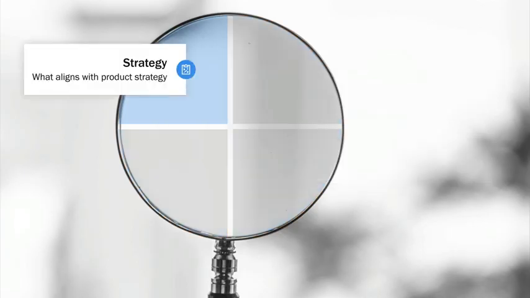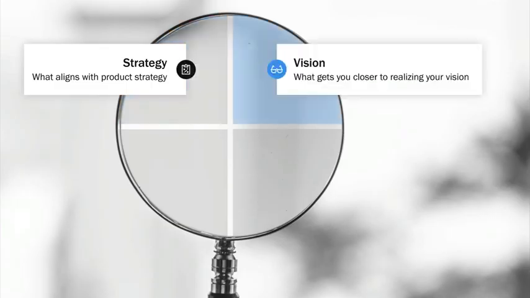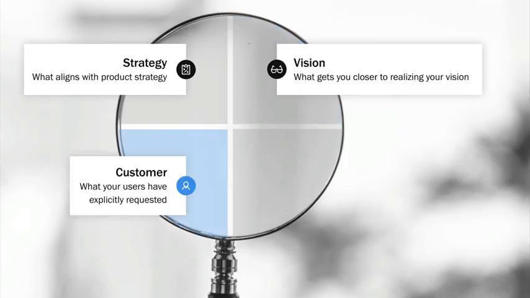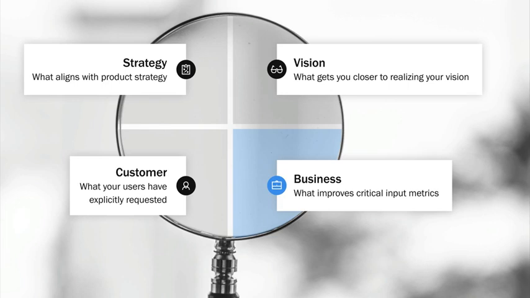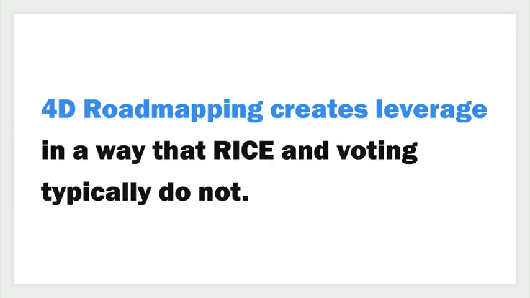The 4 lenses are strategy, what deeply aligns with your product strategy; vision, what gets you closer to realizing your vision; customer, what your users have explicitly requested; and business, what improves critical input metrics. It's these 4 lenses, along with the systematic decision to limit brainstorming, that help 4D roadmapping create leverage in a way that RICE and voting typically do not.